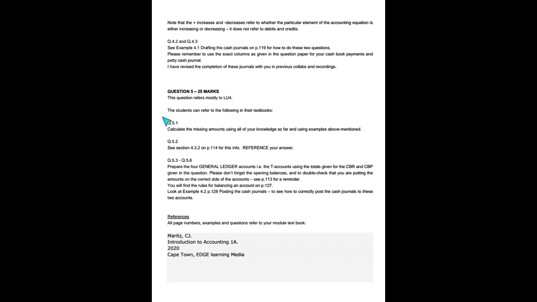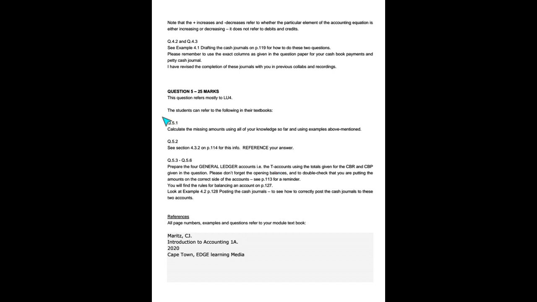So when we say we want the general ledger account, we are talking about the T account. Remember, it's date, folio, details, amount on the left-hand side, and date, folio, details, amount on the right-hand side.